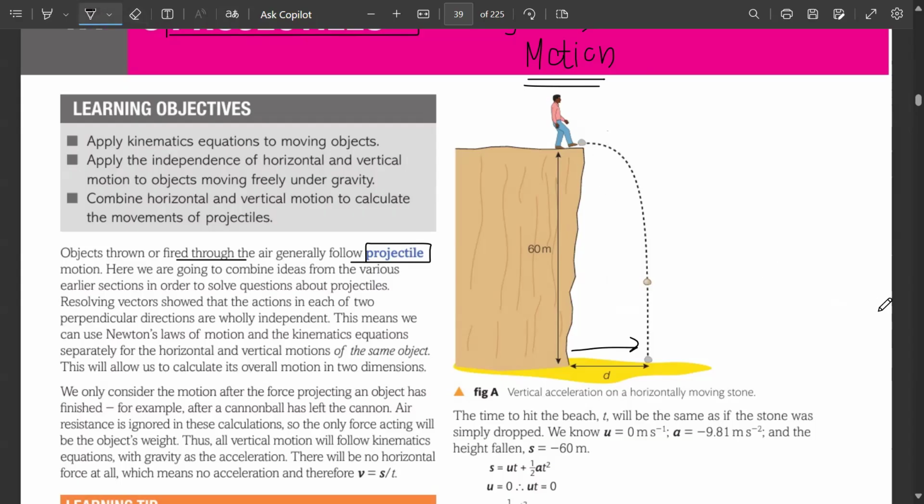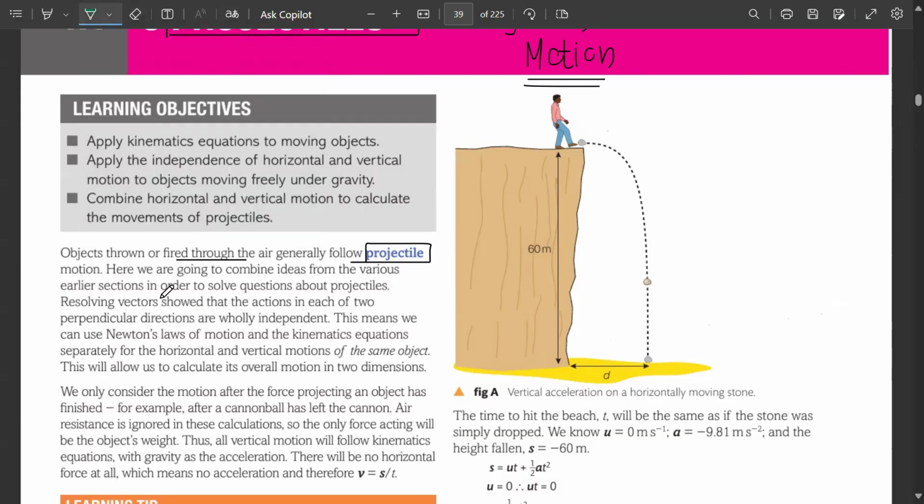If you try to throw a ball to a fielder, if you throw in this direction, it doesn't mean that the object will keep going in this direction for the rest of the life. It's gonna fall one day or the other at a very curved path. So that parabolic pathway, or that particular curved pathway that any object thrown takes on its way, we call it a projectile motion. So what is a projectile motion?